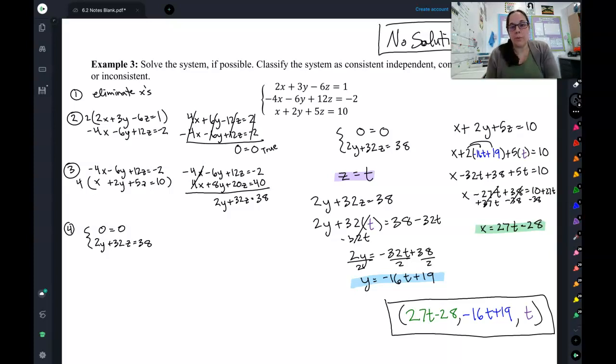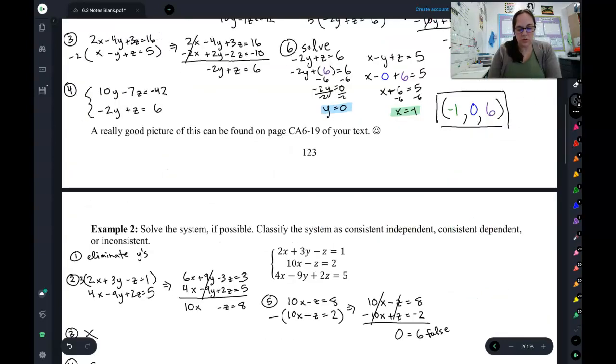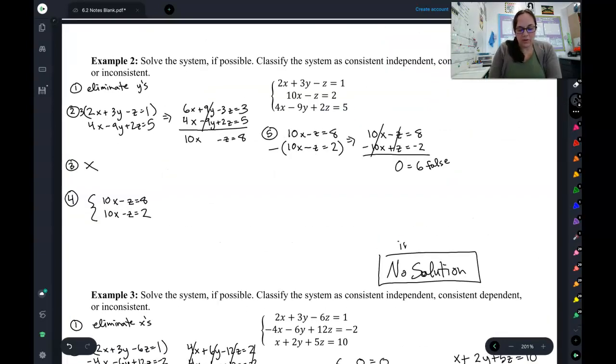Now, one last thing before we end this video. Let's just remember our vocab words from 6.1. If it was an infinite solution system, we called it consistent dependent. If it was a no solution system, we called it inconsistent.